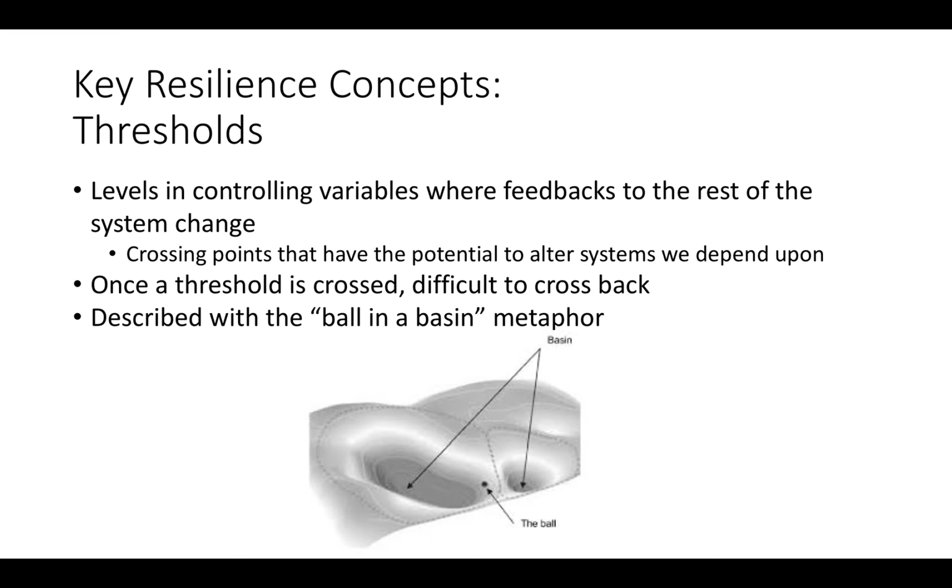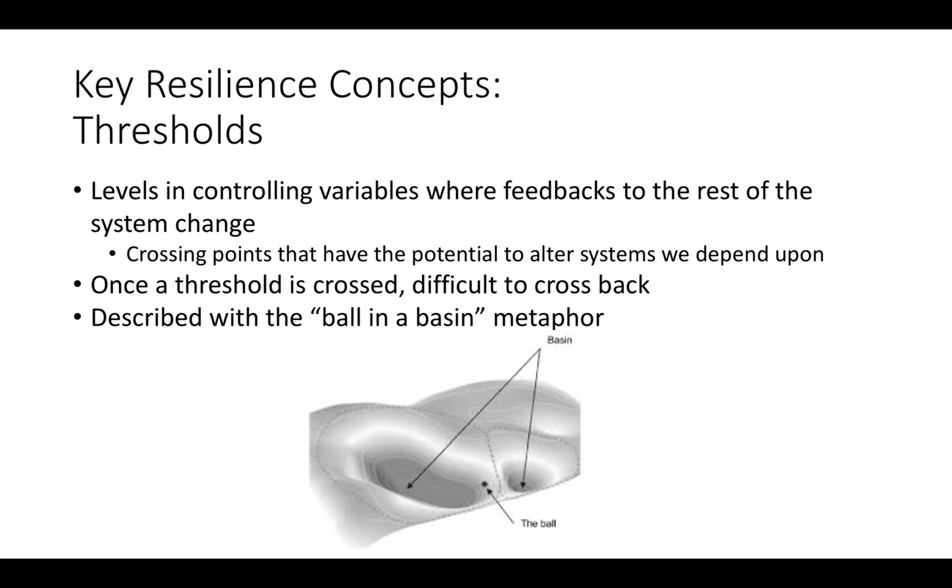Threshold. What is a threshold? They are levels in controlling variables where feedbacks to the rest of the system change. So there are certain important variables that feed back to the entire system. Crossing a threshold has the potential to alter a system that we depend on.